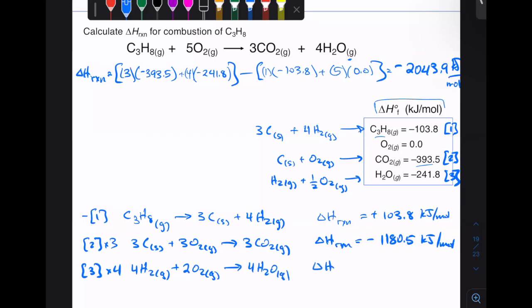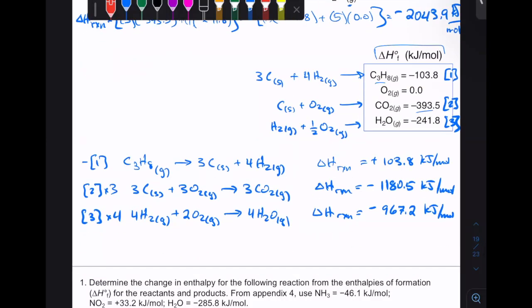So the delta H for this new reaction as written will be whatever that is times 4, 241.8 times 4, that'll be negative 967.2 kilojoules per mole.